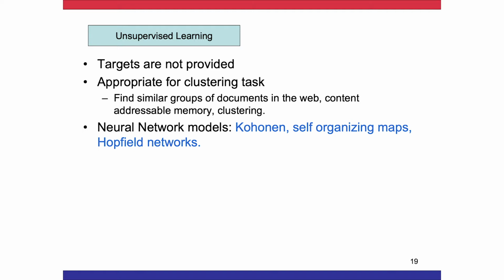And this is the way the neural network can learn and can be used for a domain where we don't have the labeled output.